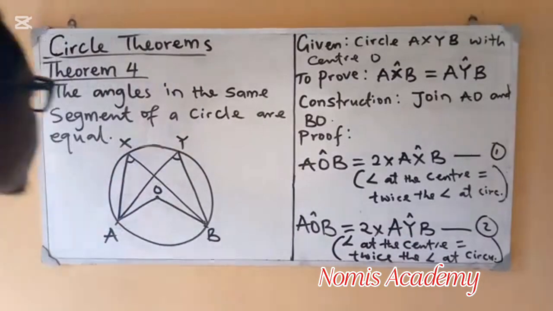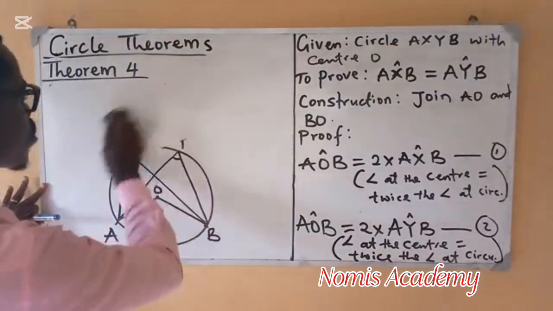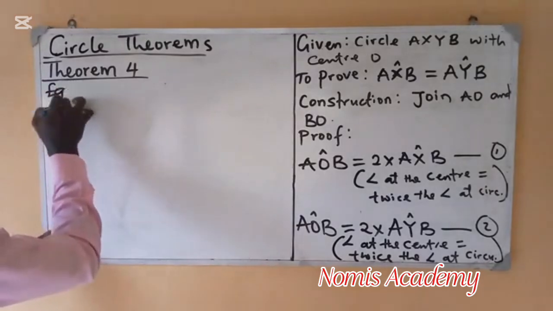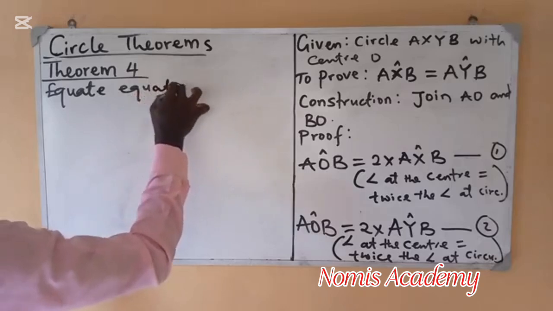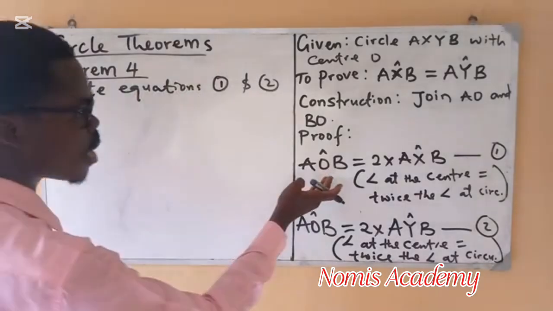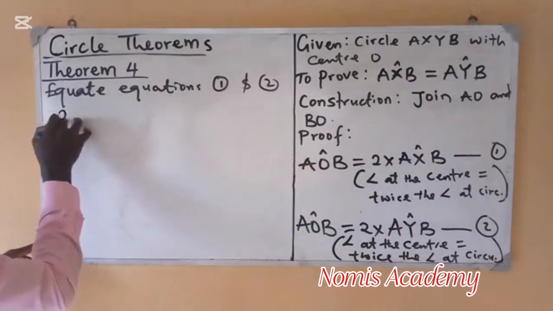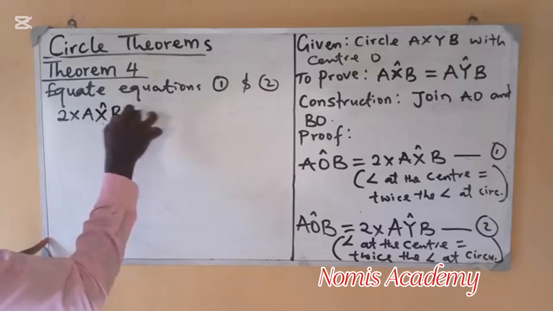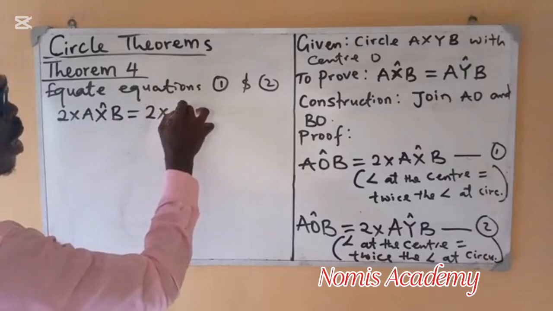So let's move to the other side of the board. So let's equate the two. Equate equations 1 and 2. So to do that, since AOB is equal to this and AOB is equal to this, we can write 2 times AXB is equal to 2 times AYB.